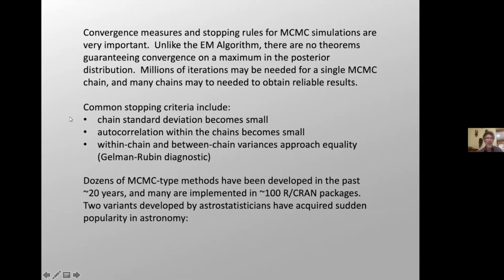Okay. So common stopping criteria include the chain sort of converges on itself, that the autocorrelation within the chain becomes small, and then if you have multiple chains, that the within chain and between chain variances approach the same number.